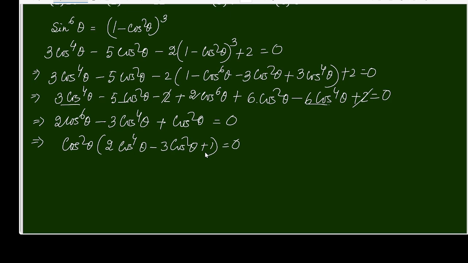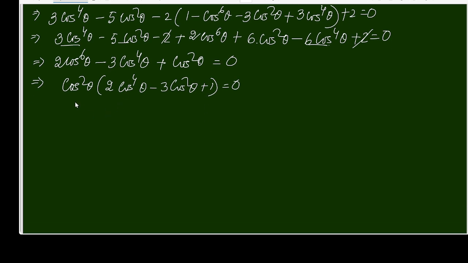So we split it into two factors. Now either cos^2 theta is 0 or this term is 0, where I'll take cos^2 theta as y so that I can split the middle term. So the first condition is case 1, cos^2 theta is 0.